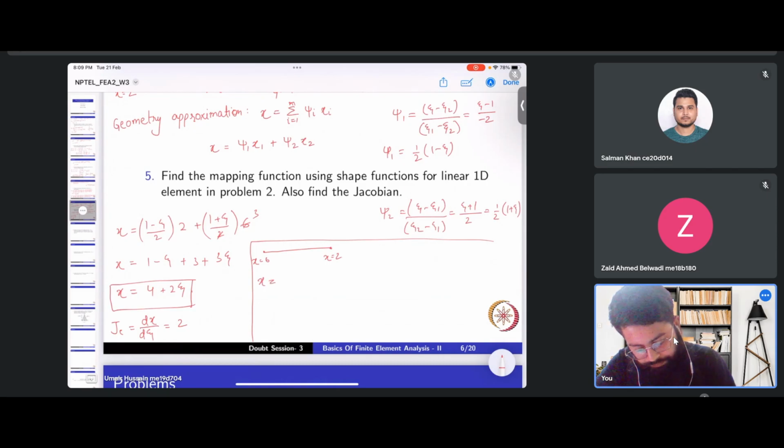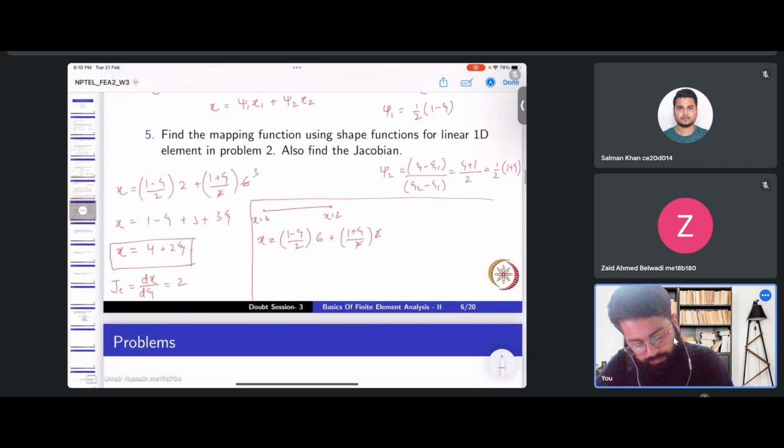So we have (1 minus zeta)/2 times x1, now x1 is 6, plus (1 plus zeta)/2 times x2, now x2 is 2. So x equals 3 minus 3 zeta plus 1 plus zeta. We get x equals 4 minus 2 zeta.